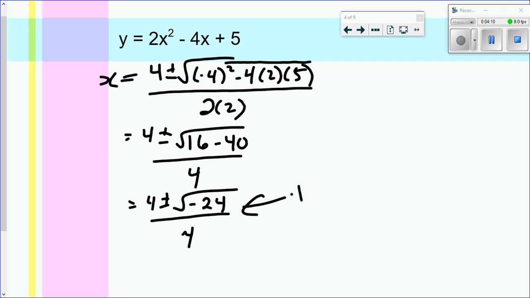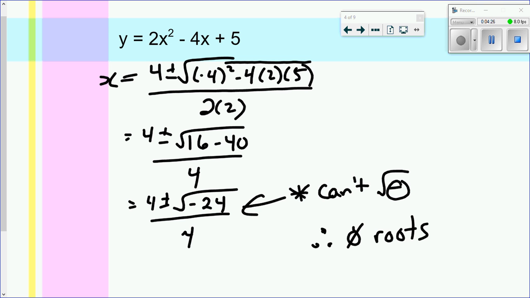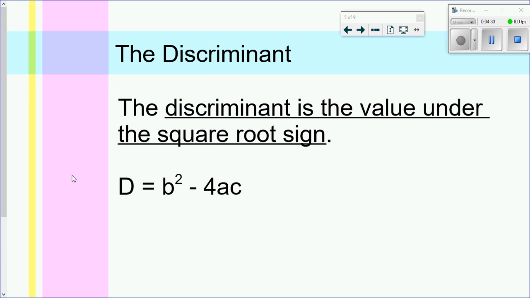Hopefully, you are already aware, can't square root negatives. Can't be done. Therefore, there are no roots. Okay? So there is no solution. It's another way of saying it.